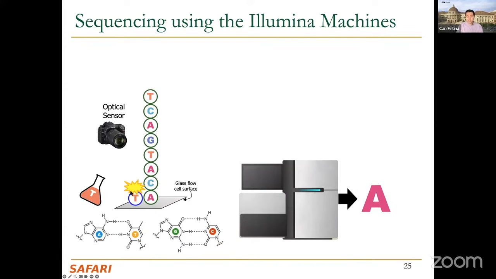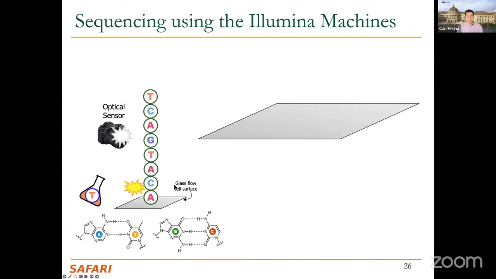Since we know which frequency corresponds to which base, we can tell from the frequency that a T just bound to a particular position in the DNA. And since T binds to A, we can tell that at this particular position there should be an A. This is how we sequence using sequencing by synthesis.